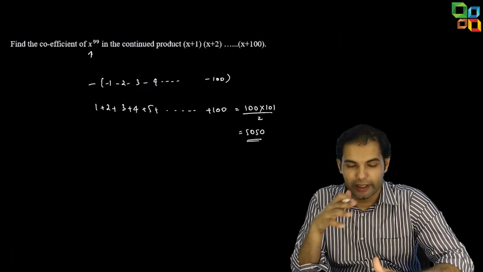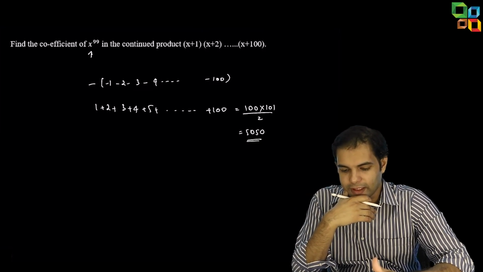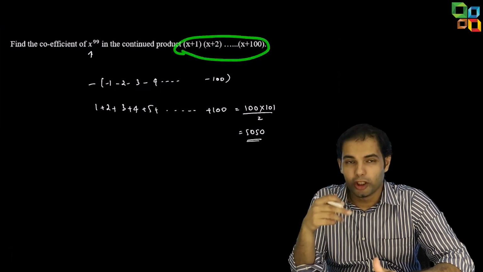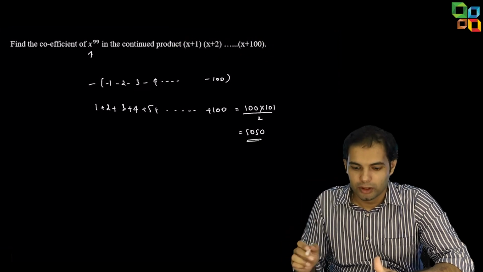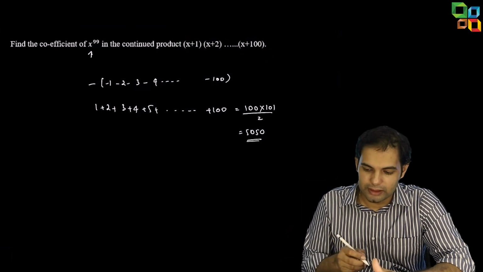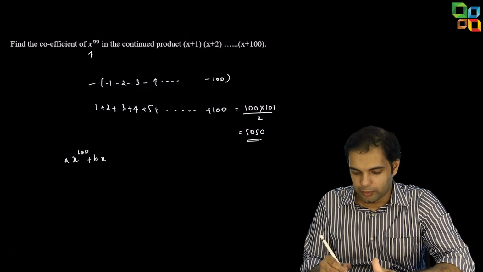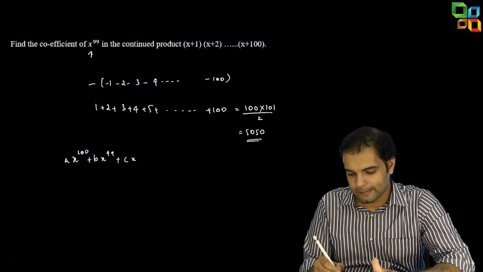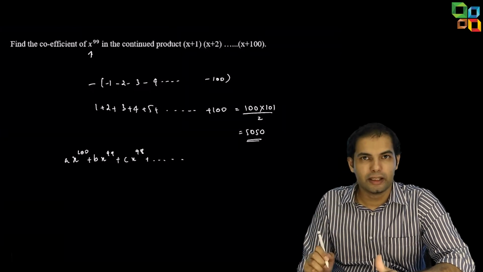Okay. So I don't know if everybody knows this concept. It's fine. We'll try to approach this in a different way also. So he's saying, if this is a polynomial, now there are factors given, right? If I write it as a polynomial, so this is 100 terms. So you'll have something like a into x power 100 plus b into x power 99 plus c into x power 98.